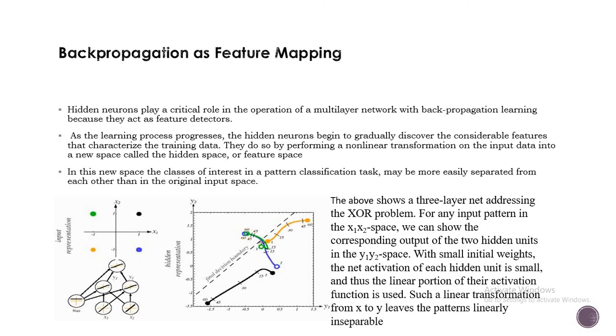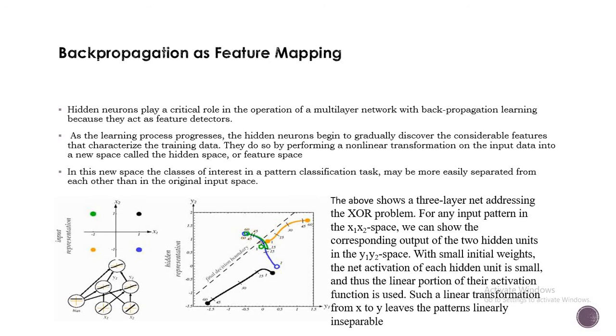They do so by performing a nonlinear transformation on the input data into a new space called a hidden space or feature space. In this new space, the classes of interest in a pattern classification task may be more easily separated than in the original input space.